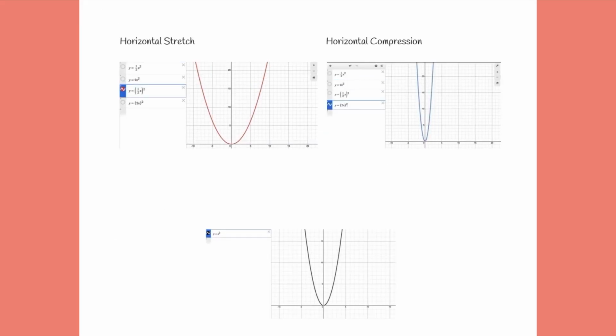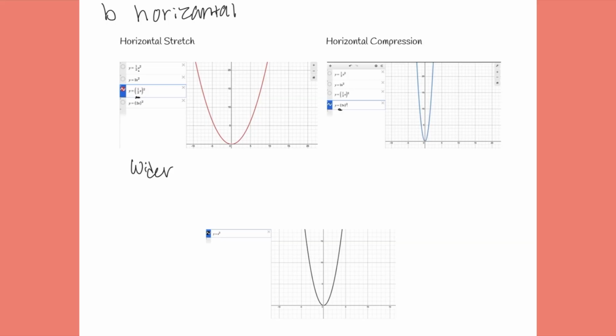Now let's talk about the b value, which is horizontal. Again, we're going to look at a regular parabola and then what changing the b value does to the function. All right, so you know that this is a b value here because it is inside the parentheses and squared. The a value, there's only x being squared. b value 1/2, and x is being squared. Same thing here. All right, so when the b value is a fraction, again, the function gets wider.